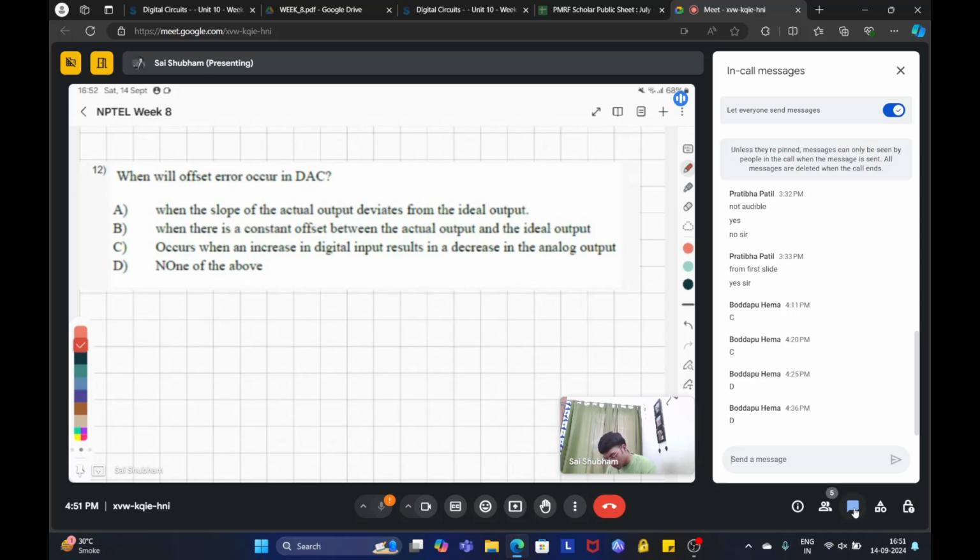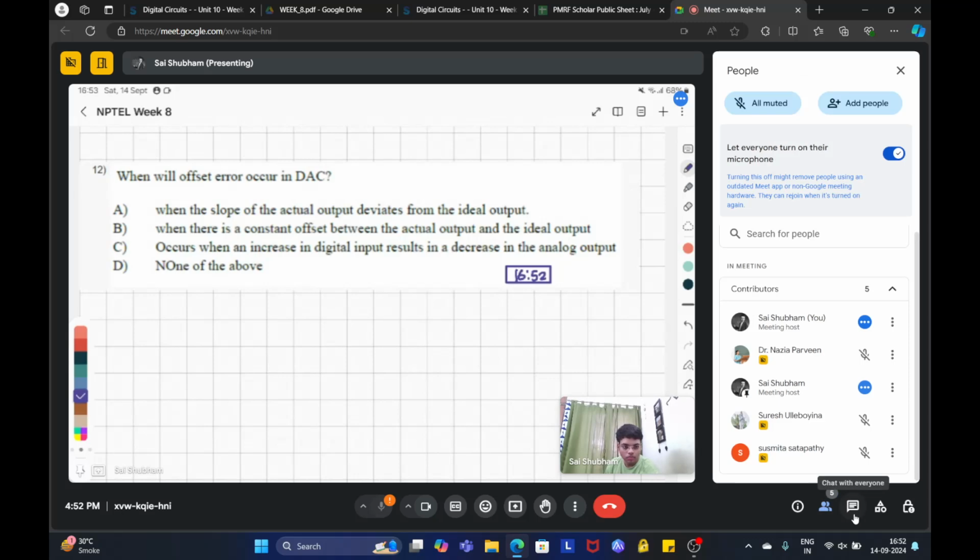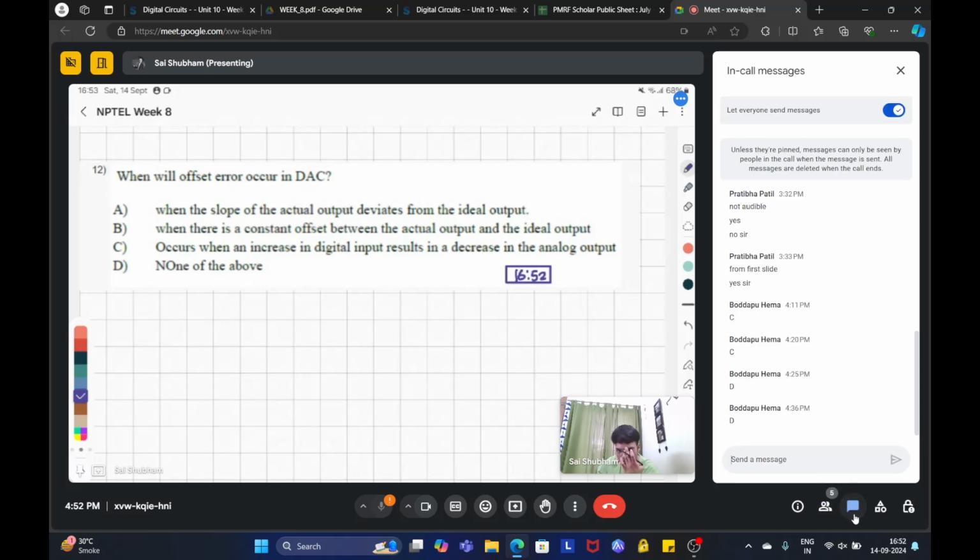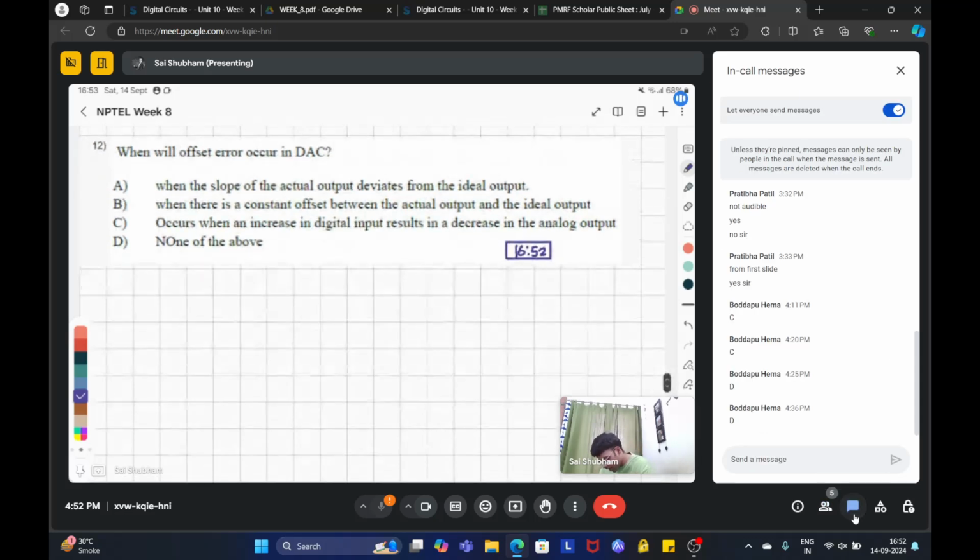The options are: when the slope of the actual output deviates from the ideal output; when there is a constant offset between the actual output and the ideal output; when an increase in digital input results in a decrease in analog output; and none of the above. So we have different kinds of errors.